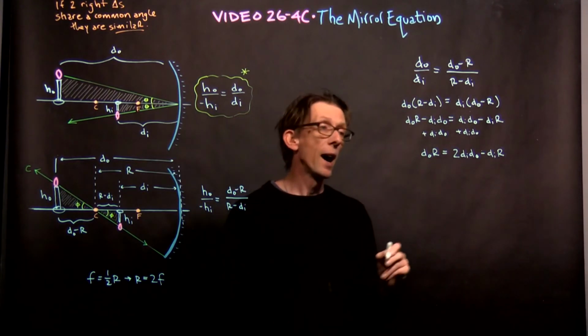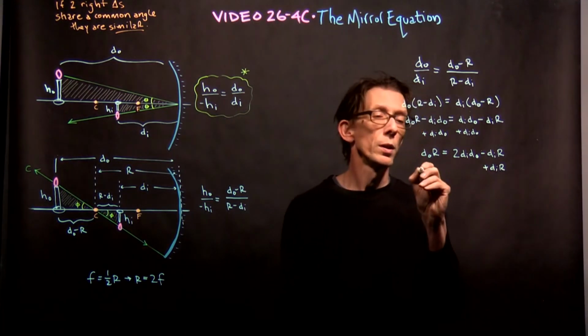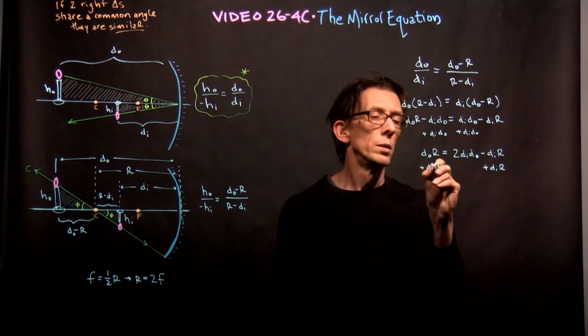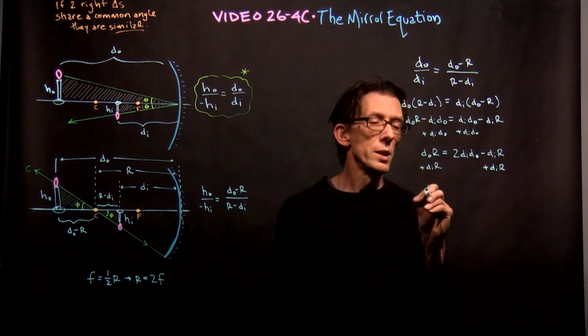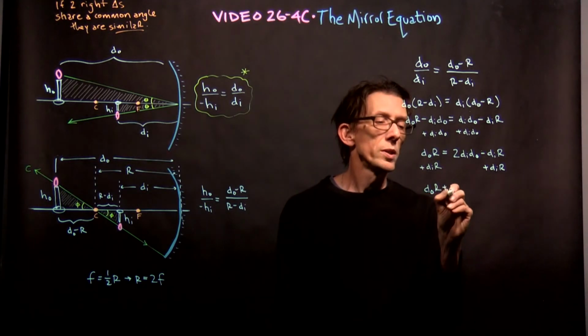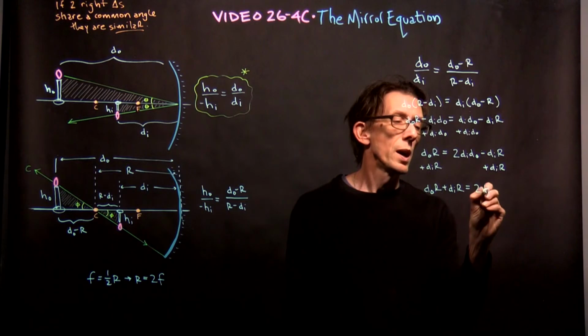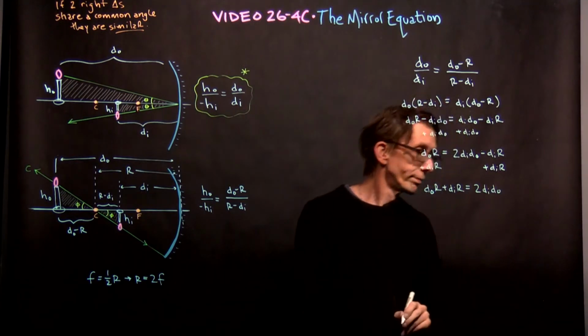Now I'm going to add DI R to both sides to move it over here. And we get D naught R plus DI R equals 2 DI D naught.